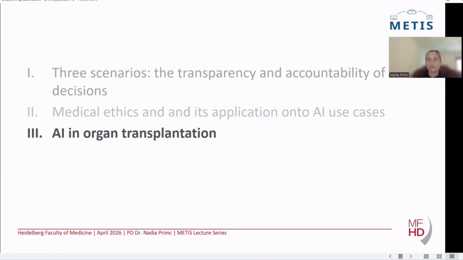From the identification of potential donors in intensive care units, through clinical decision support for listing decisions, to AI-assisted organ allocation, surgical planning, and monitoring after the transplant. And it is an important area, as the stakes are generally very high. Decisions about organ transplantation are, in many cases, decisions about who lives and who dies, or who gets the chance to live and who will not be given that chance.